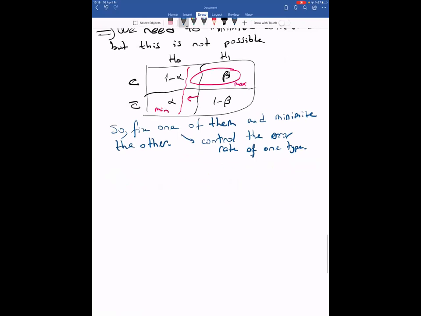So which one to fix, or control? We need to decide this. Many statisticians state that it is better, because in the null hypothesis we are stating that the present situation holds, so nothing changes.